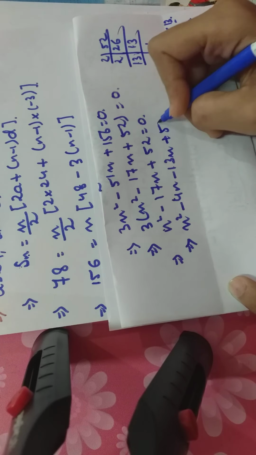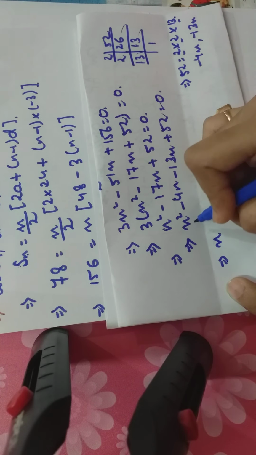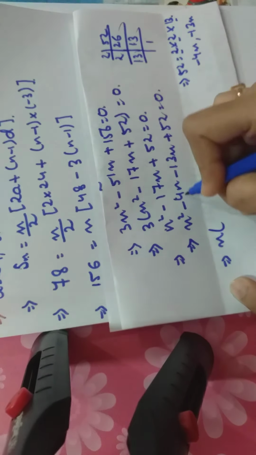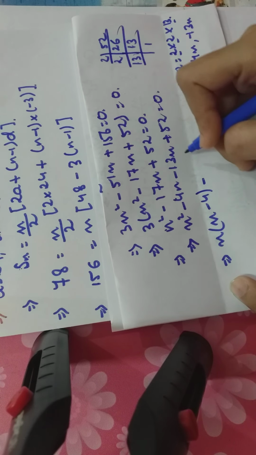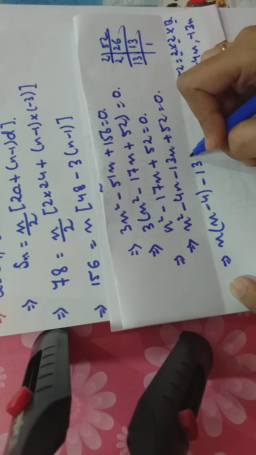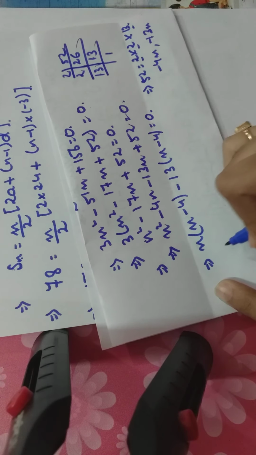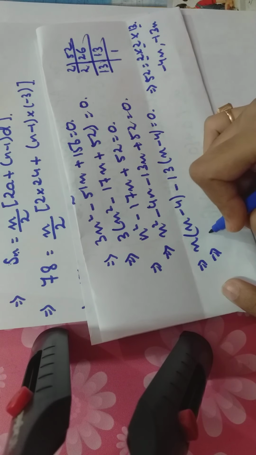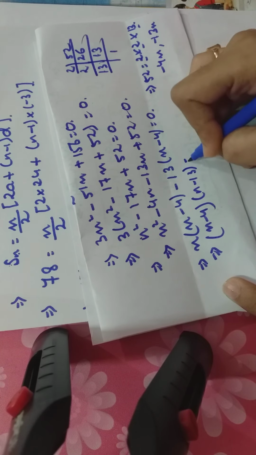Now take n common in the first two terms, so here I will get n minus 4, and 13 will be common in the other two terms, so I take minus 13 common and again get n minus 4. So I will get (n − 4)(n − 13) = 0.